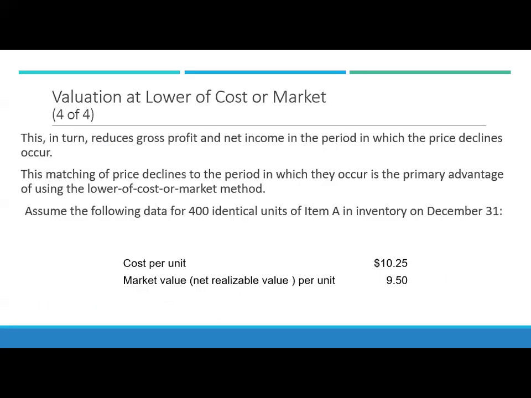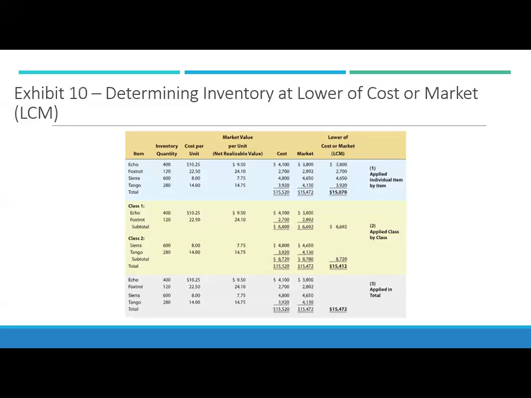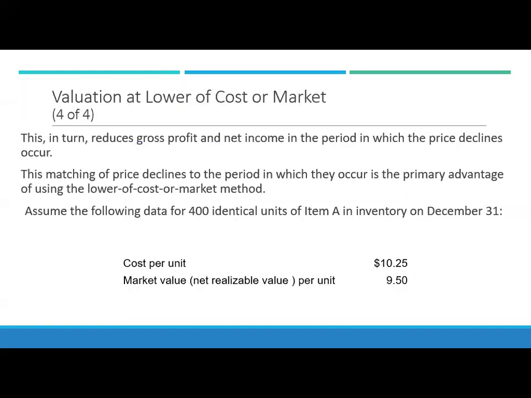So now for the mechanics of how it's actually done, we're going to have a listing, and we're going to have every single unit of inventory and we're going to compare the cost and the market value of the inventory, which is the net realizable value, estimated selling price minus the cost of disposal.